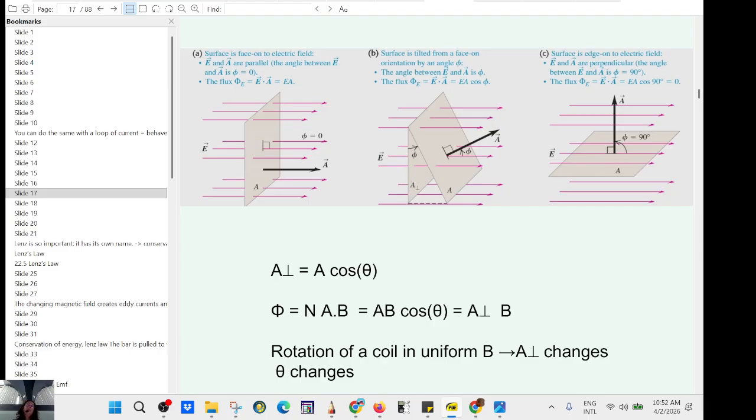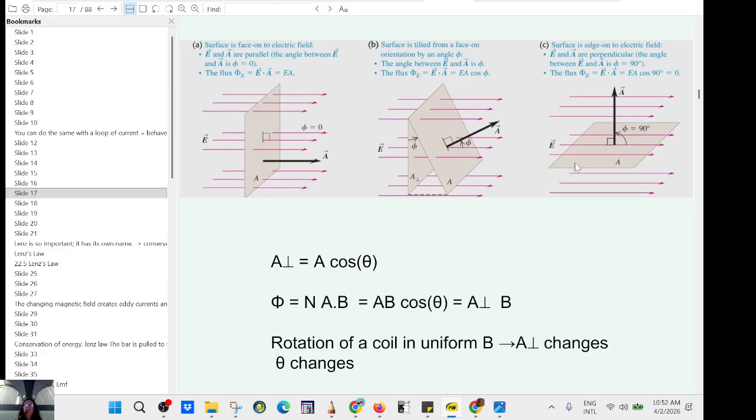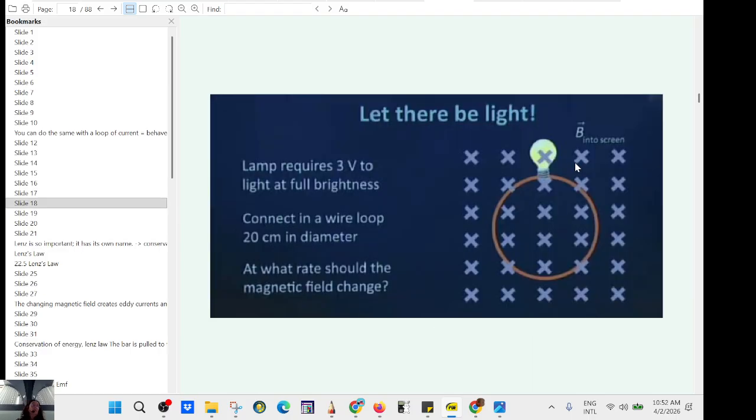So A perpendicular is just A times cosine theta. Okay, you will get the same thing. Either you can say AB cosine theta or B times the area perpendicular to B. And here the flux equals 0. Okay? Just to explain, this is more like math, geometry.